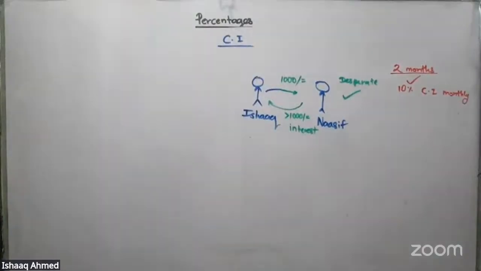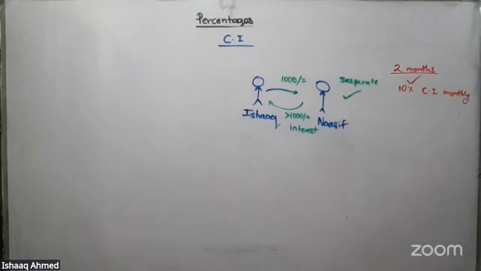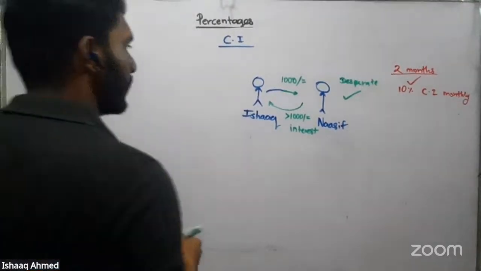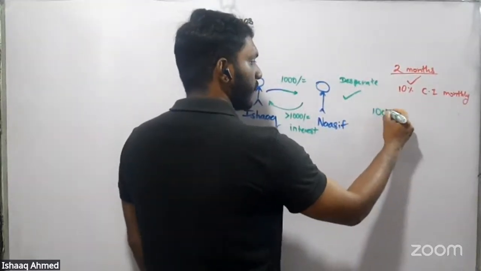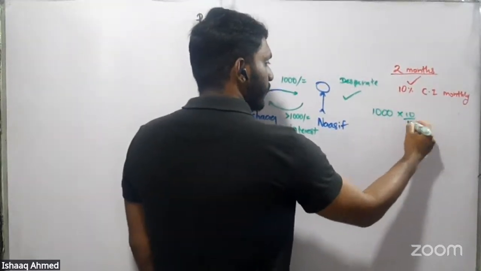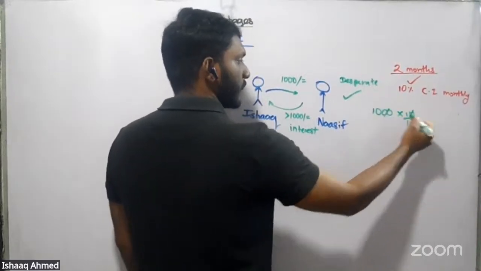So let's calculate how much is 10% of 1,000. 1,000 into 10 over 100 is again 100.